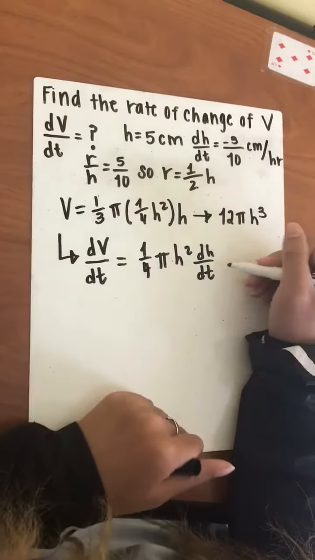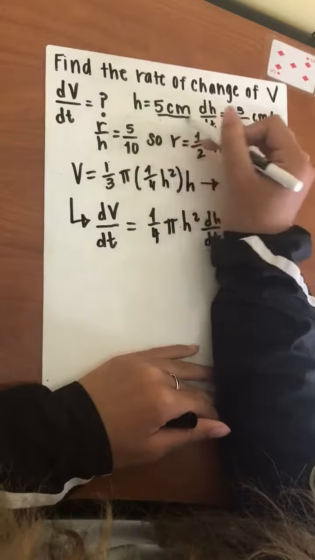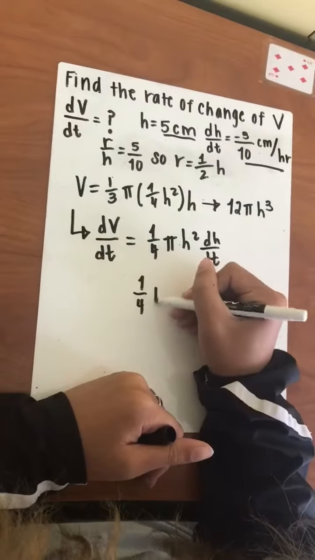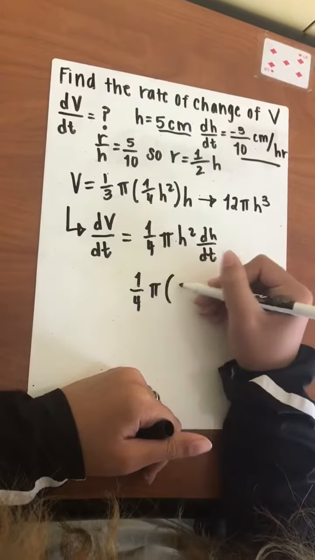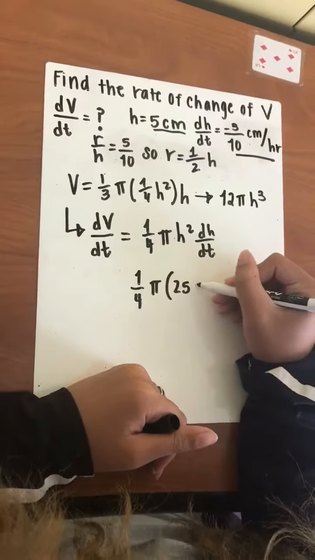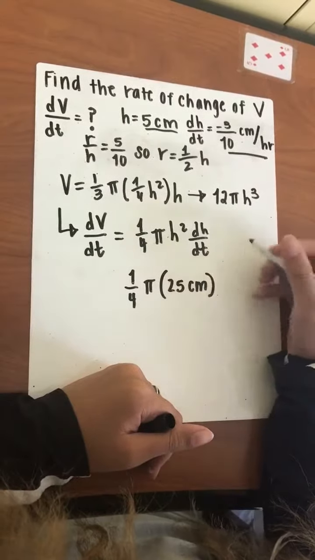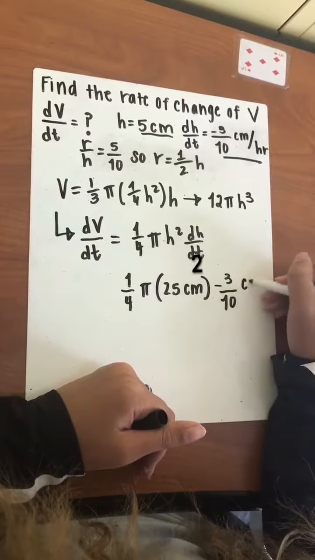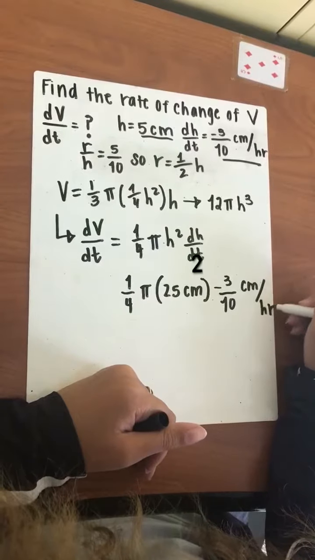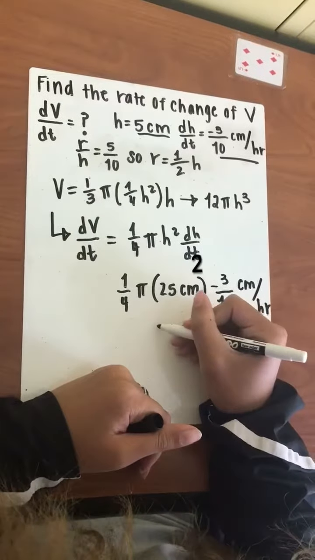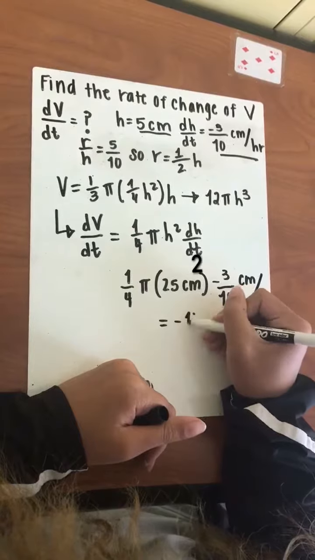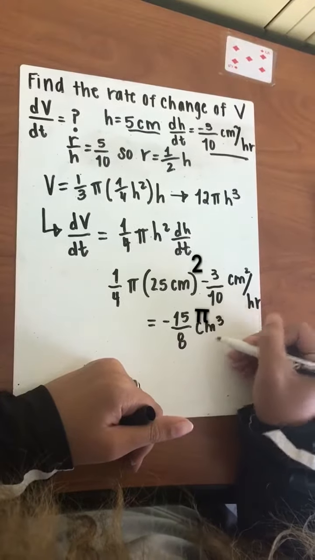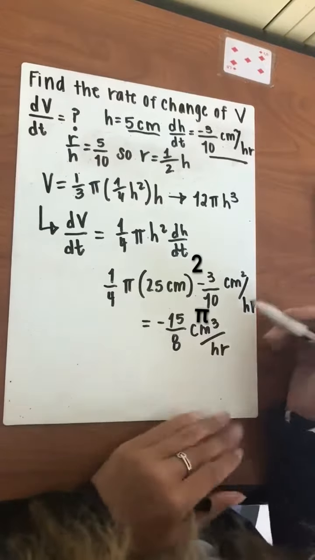And we know what dh/dt is, and we know what h is from up here. So we'll have 1/4 pi, and we can't forget our units, so it's 25 centimeters squared because 5 squared is 25, and then -3/10 centimeters per hour, and our final answer is going to be -15/8 pi centimeters cubed per hour. That is our answer.